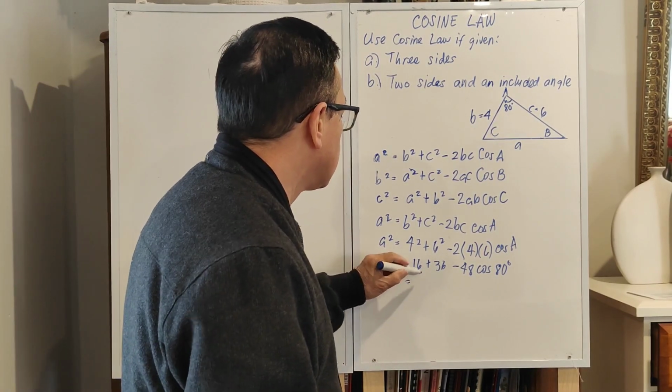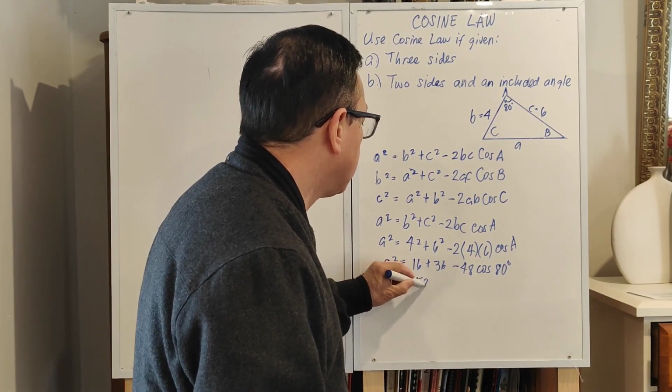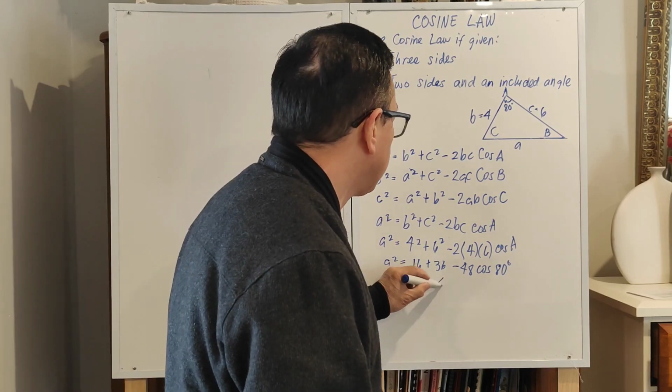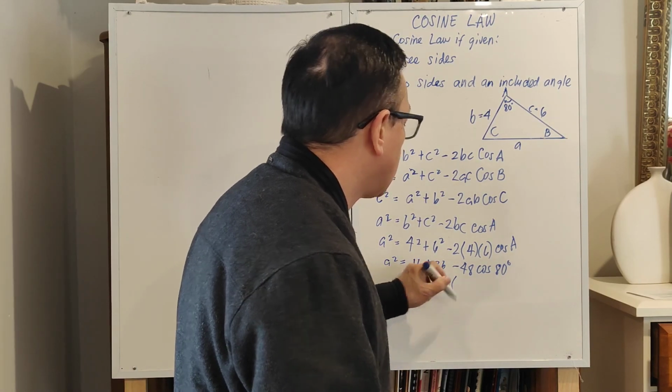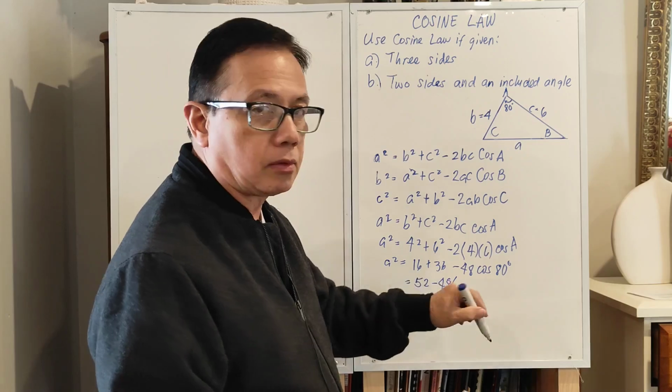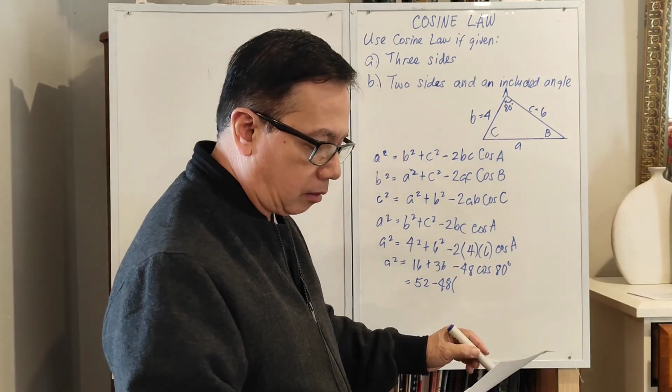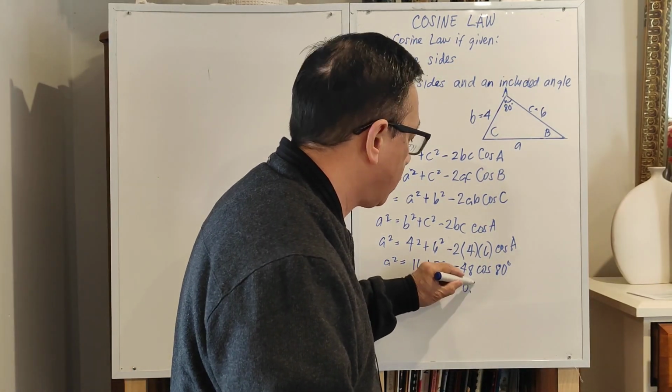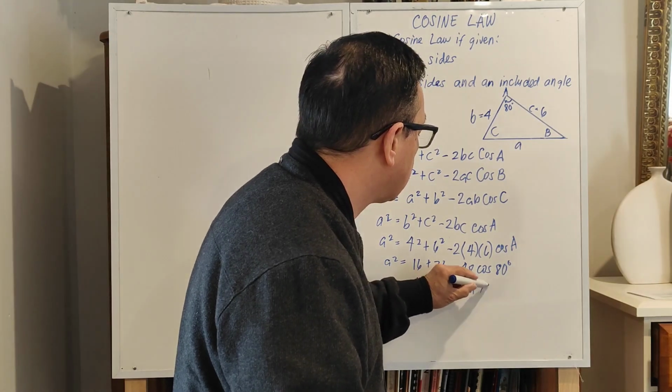Now, 16 plus 36 is 52 minus 48 times cosine of 80, which if you solve in the calculator, will be 0.1736.